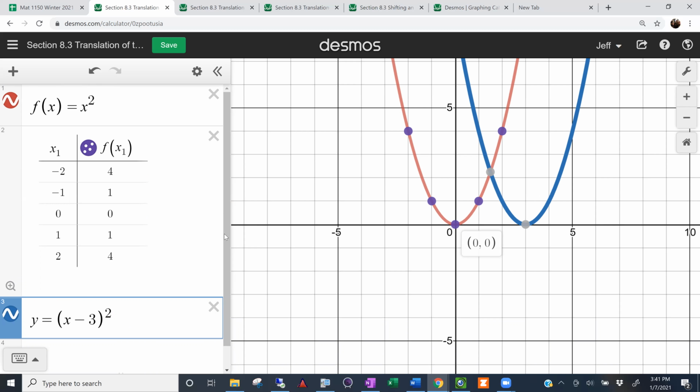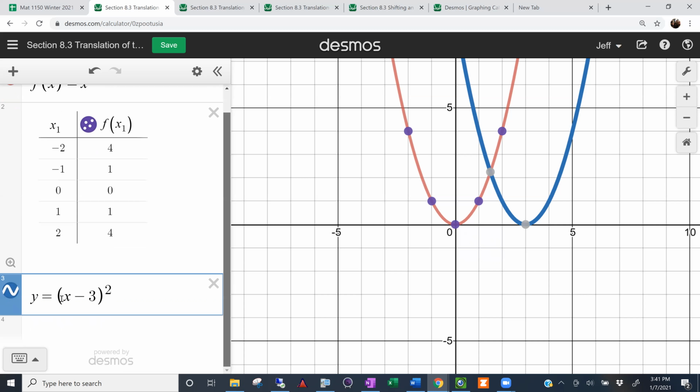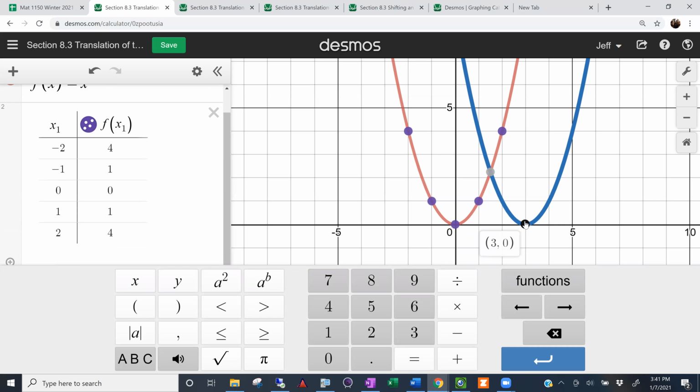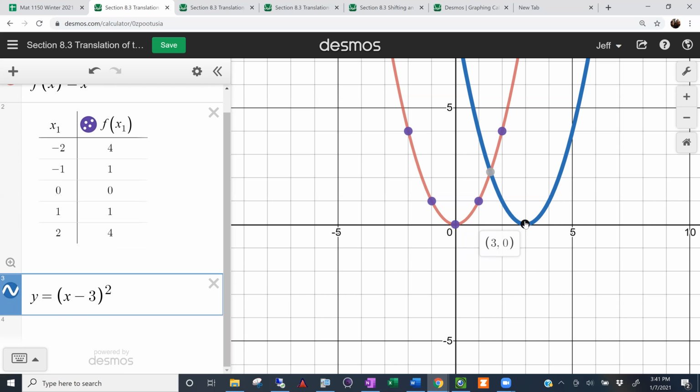So you're going to ask yourself, well, what value of x would make this 0? And that value is 3. When I put in a 3 there, I get 3 minus 3 is 0. So the point that was here on this graph is now here on this graph. So in effect, that got shifted to the right by 3.